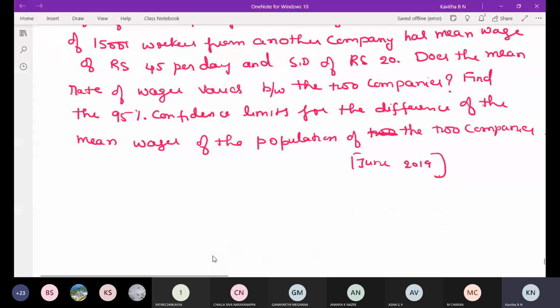Okay, solution here. Company 1: the number of workers is 1,000, so n1 is 1,000.